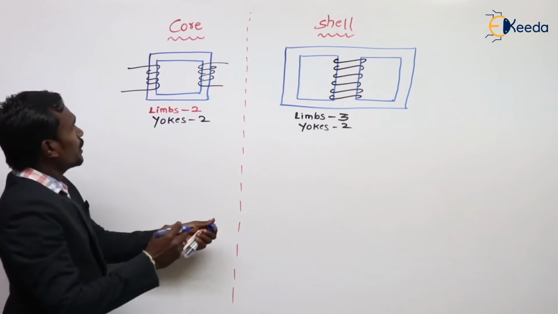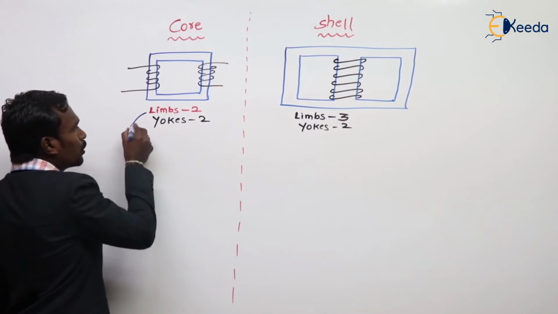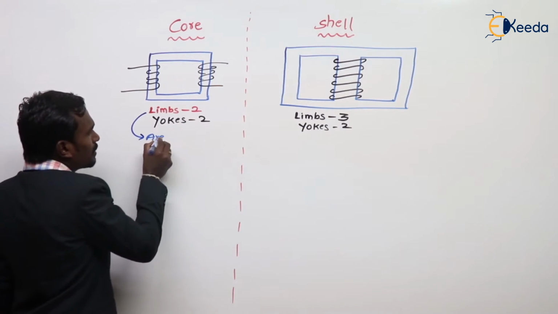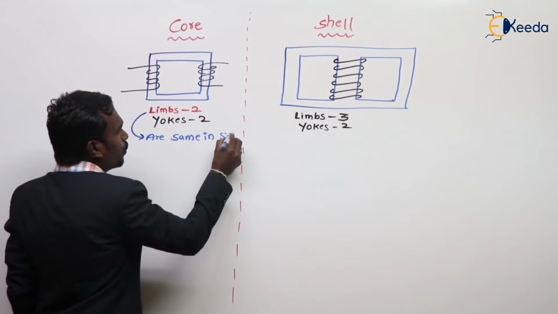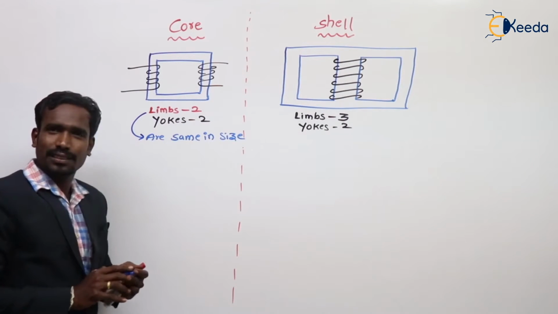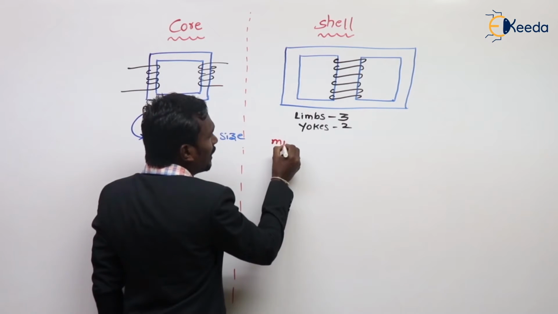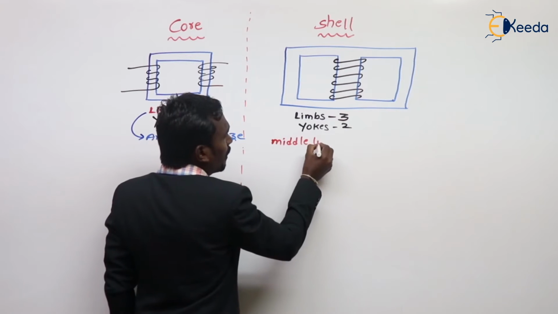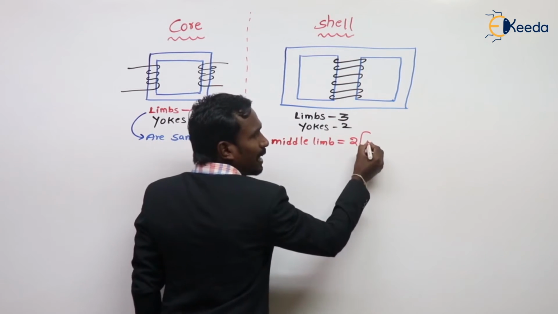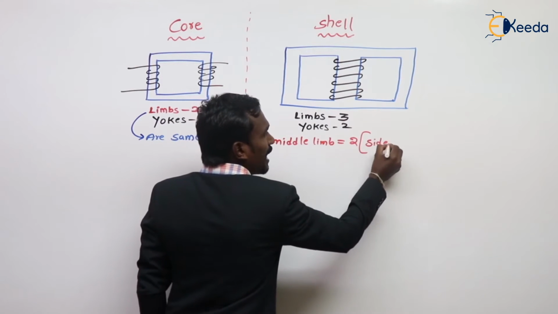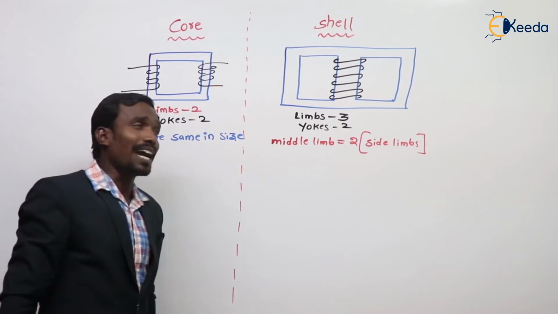See here, two limbs are the same in size. But see here, the size of the middle limb is equal to 2 times the size of the side limbs.